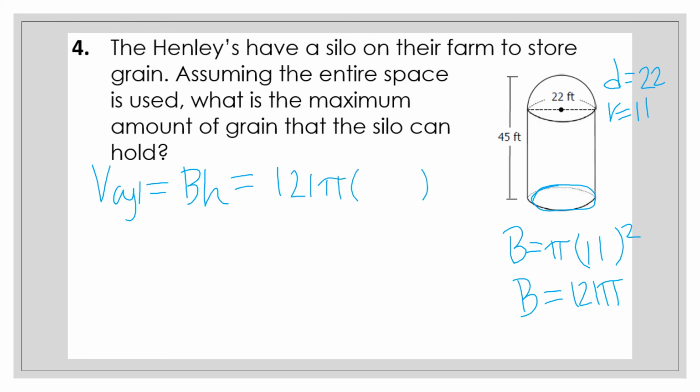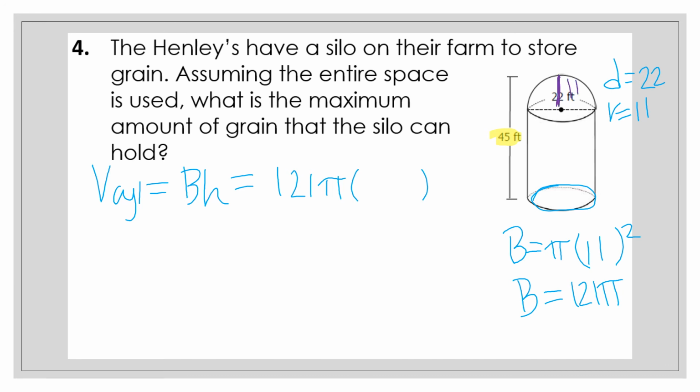Now we need to find the height of the cylinder. They give us a height of 45 feet, but that's the height from the bottom of the cylinder all the way up to the top of the hemisphere, including the hemisphere. Like I was just saying, we know that the radius is 11 feet.